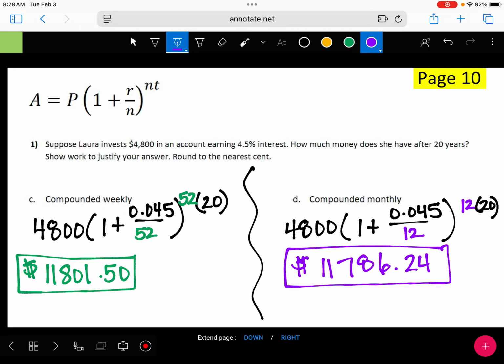So you see how whatever number you put here should be here. So that should be 52 here and 52 here. Okay, make sure you put the 6 up.